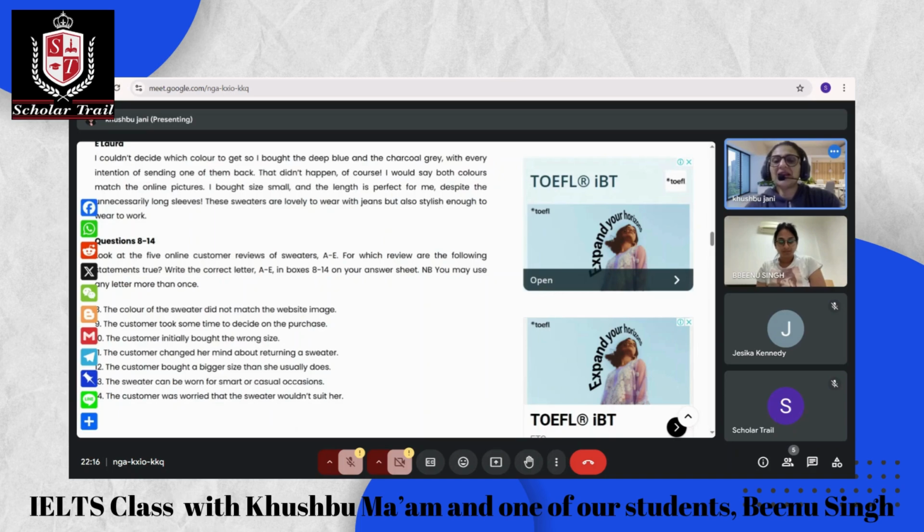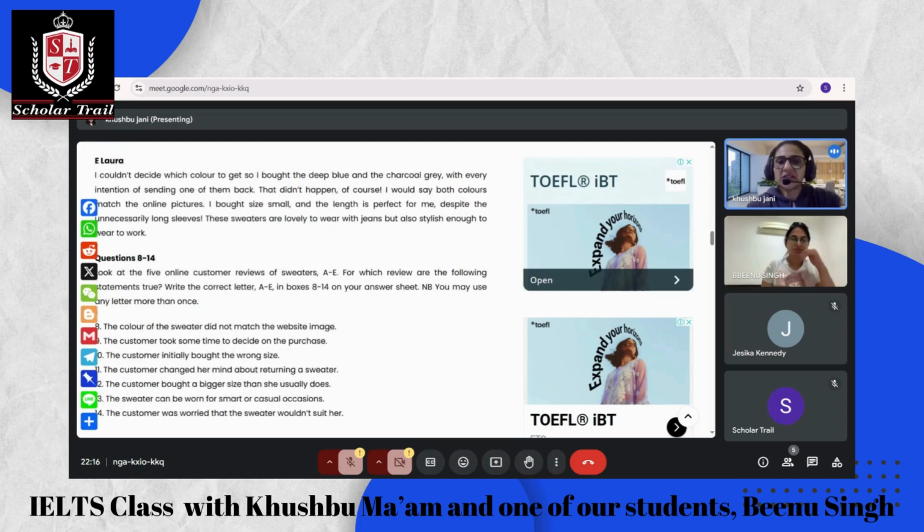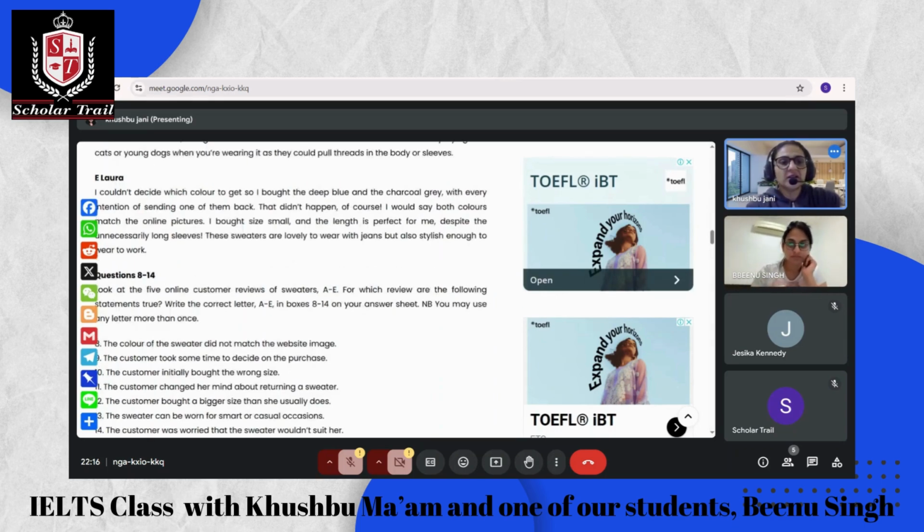The customer was worried that the sweater wouldn't suit her, so she was worried the appearance of the sweater wouldn't suit her. Fair enough. Now we just need to scroll above, read the paragraphs, and try to find the answers for each of the sentences, which will be alphabets. Let's start reading.